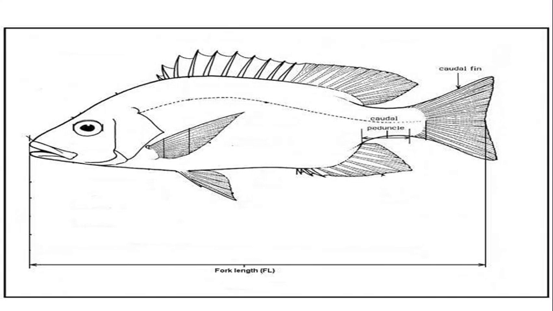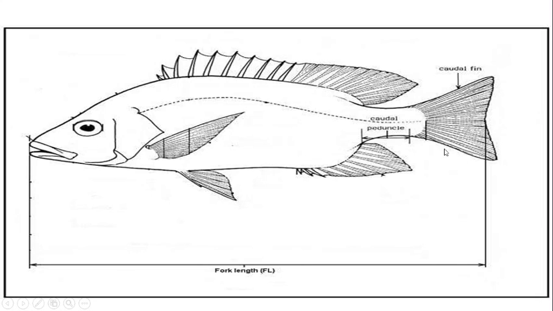Then the next is fork length. Fork length of a fish is measured from the tip of the snout to the posterior end of the middle caudal ray. Yes, this is the middle of the tail, जिसे हम fork रीजन भी कहते हैं और इसीलिए इसको fork length कहा गया है.